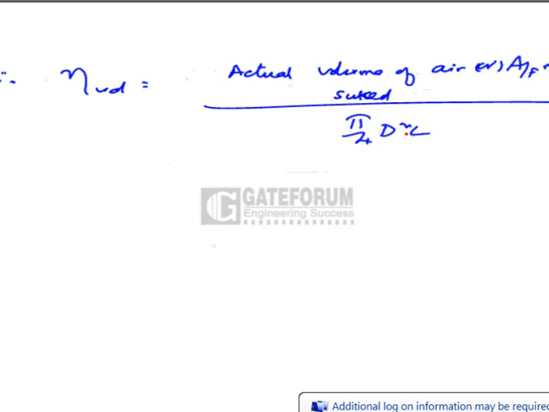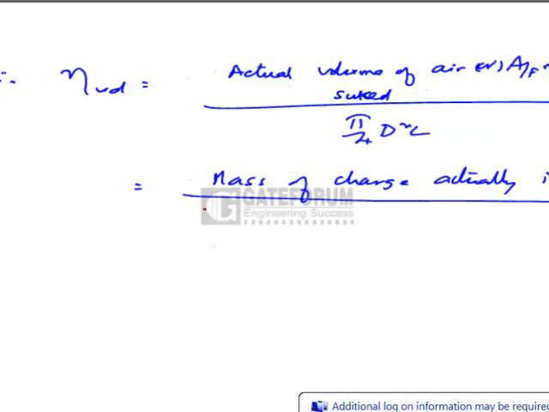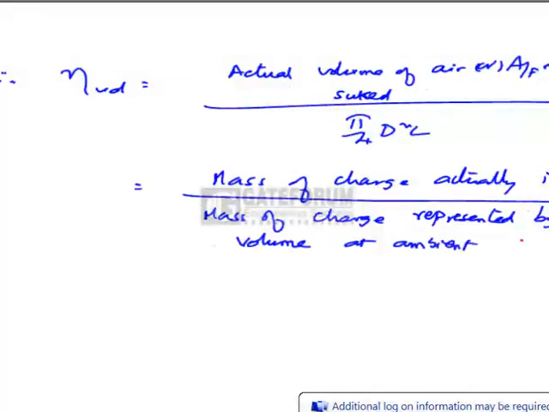In fact, it could also be given on the mass basis, that is, mass of charge actually inducted divided by the mass of charge represented by the swept volume at ambient pressure and temperature.